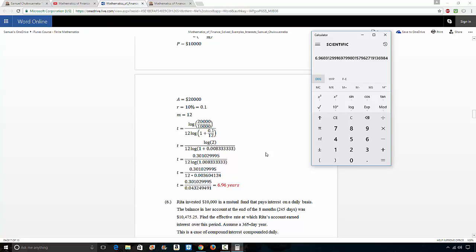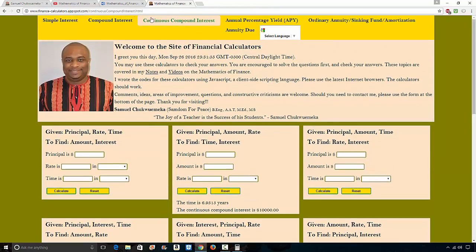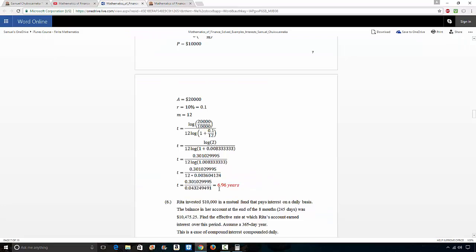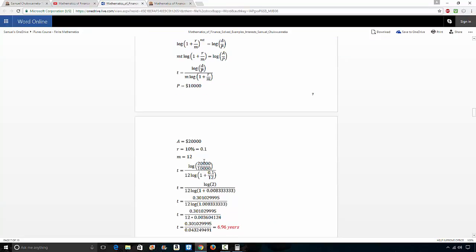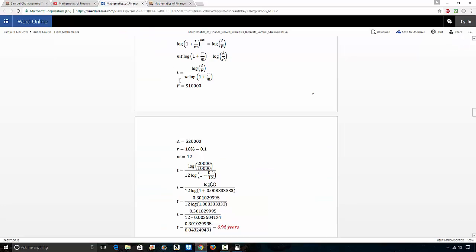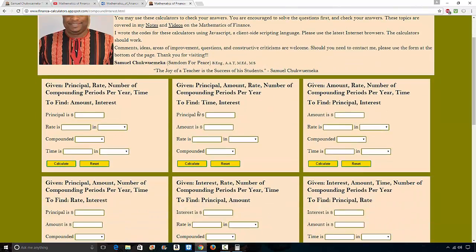Okay. And I can still do it here, but I'm going to use compound interest. In this case, I am giving the amount, principal, number of compounding periods per year, and the rate. And I'm asked to find the time. So to find time, I'm giving principal, amount, number of compounding periods per year, and the rate.